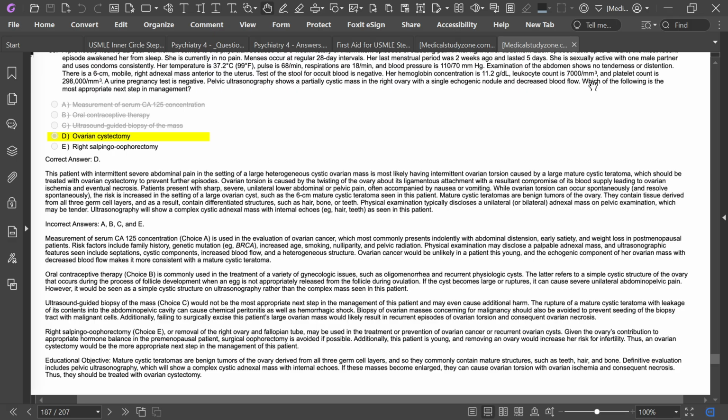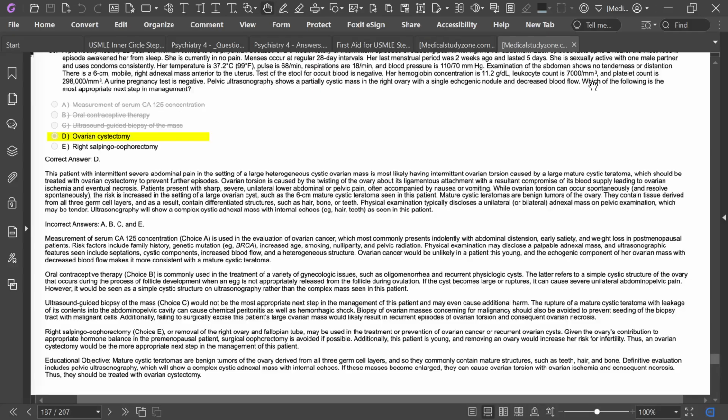If the cyst becomes large or ruptures, it can cause severe unilateral abdominal pain. However, it would be seen as a simple cystic structure on ultrasonography rather than a complex mass seen in this patient.